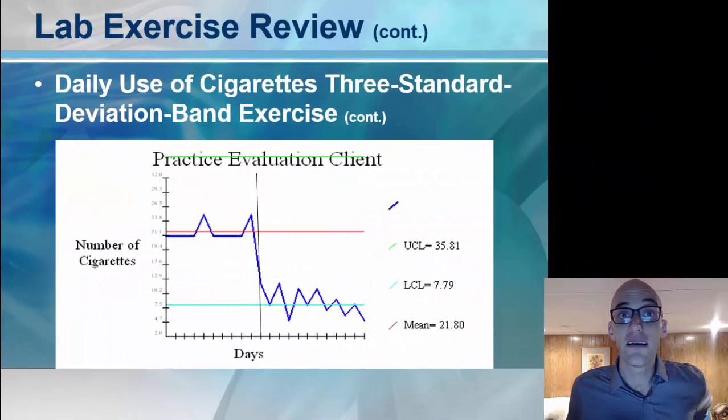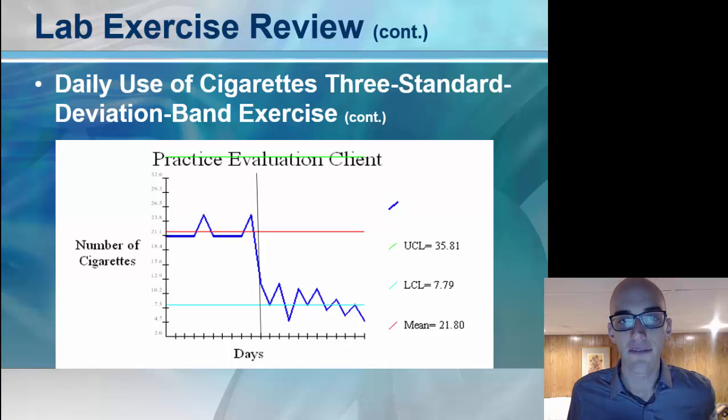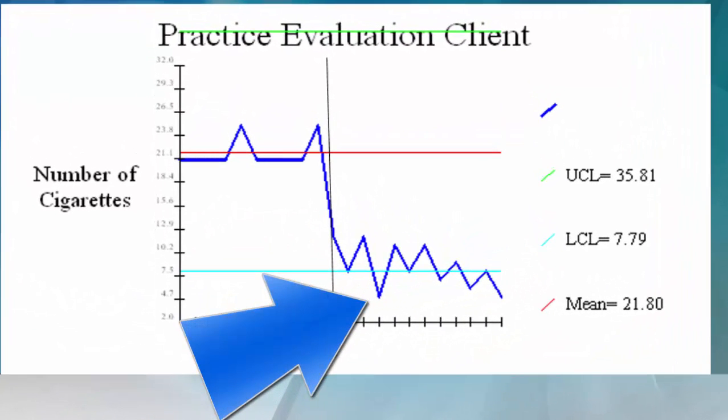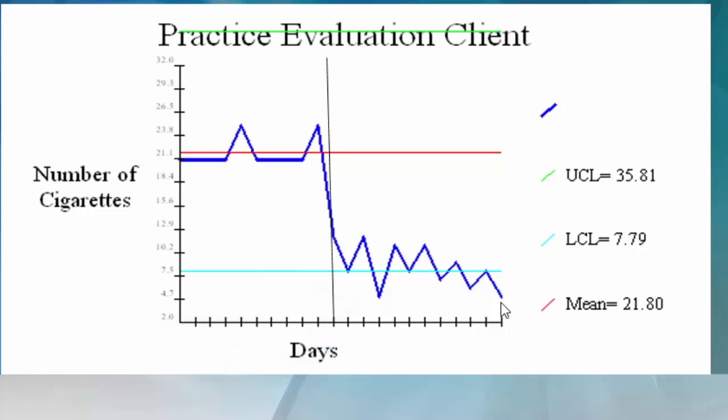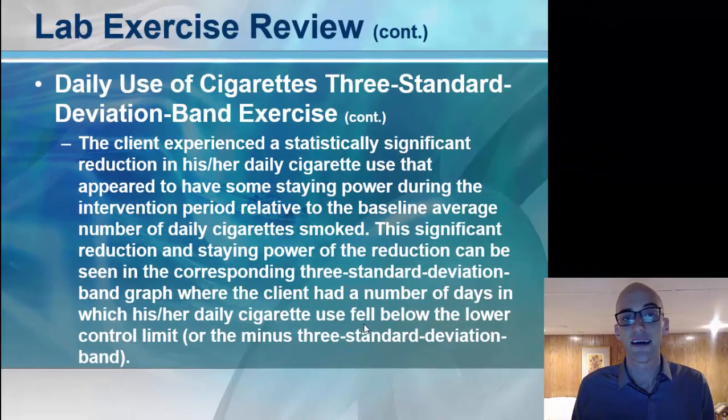And after doing that, applying the 3 standard deviation band approach, we can see that there were at least 5 days that were below the lower control limit. 1, 2, 3, 4, 5 days down here, which were statistically significant decreases from the baseline mean. So the write-up of this is the client experienced a statistically significant reduction in their cigarettes used that appeared to have some staying power during the intervention period relative to the baseline average.